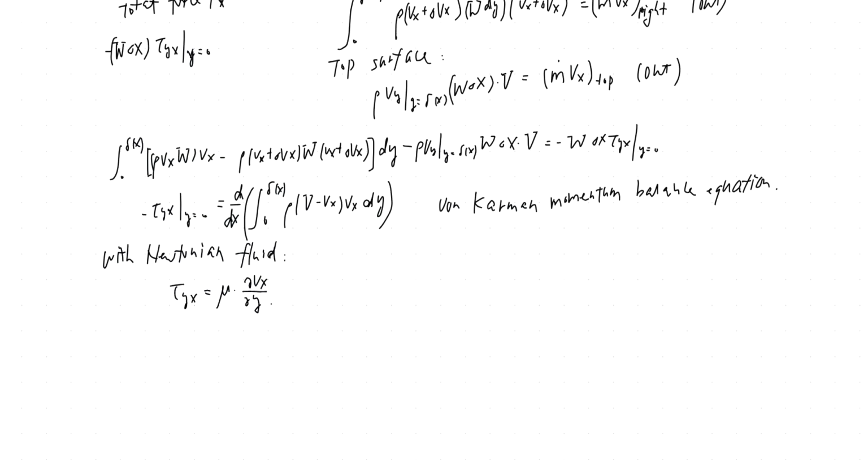So you can write the von Karman momentum balance equation in an alternative way. This alternative way is also called the von Karman momentum balance equation. They're essentially the same. It's just whether we are using the relation for a Newtonian fluid or not. So this is evaluated at y equal to 0.